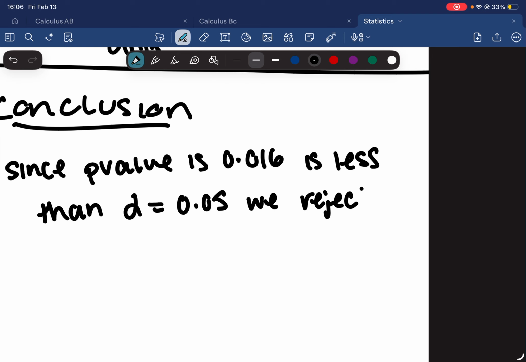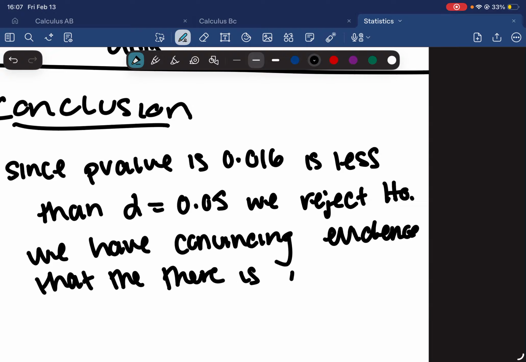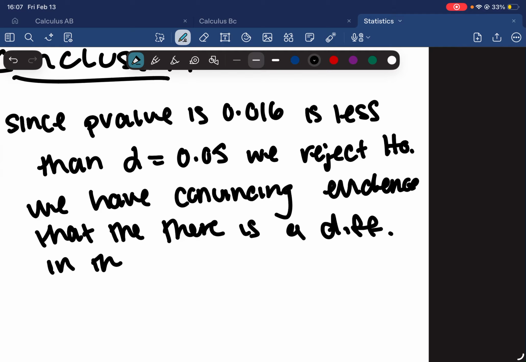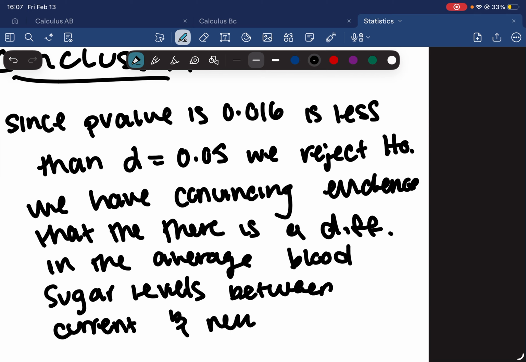We reject the null hypothesis, which means we have convincing evidence that there is a difference in the average blood sugar levels between current and new medicine.